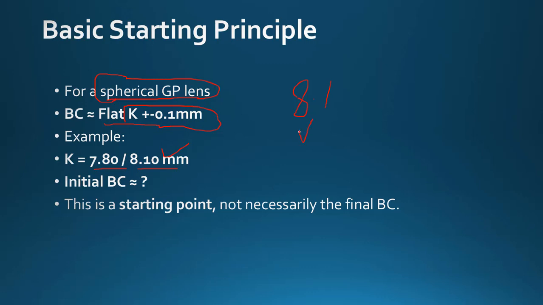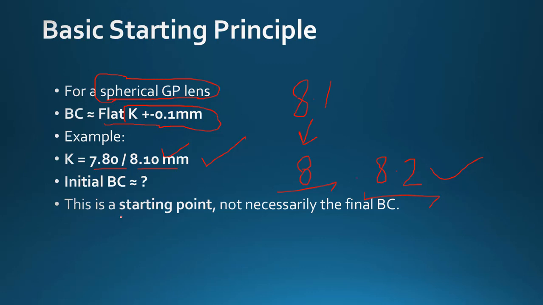So if I subtract 0.1, it will be 8, or if I add 0.1, it will be 8.2. So it is the practitioner's choice whether to use 8 millimeter or 8.2 millimeter as a starting base curve in this particular patient. I usually prefer the flatter reading, so I would have chosen 8.2 millimeter in this case.